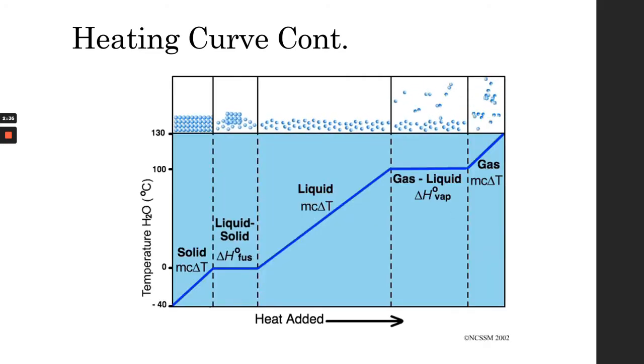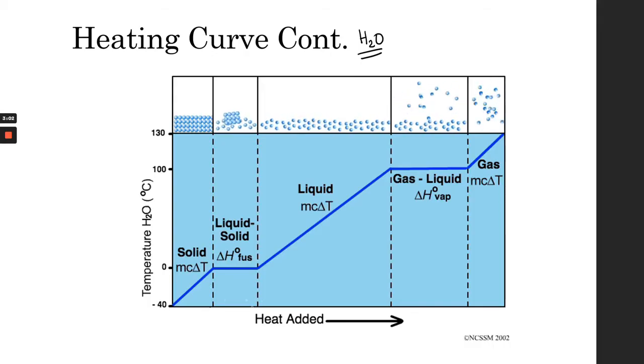This is actually a heating curve for water, or H2O. So remember that when we talk about this heating curve, it is the heating curve of water. What is interesting is that whatever the substance is, the shape of the heating curve is usually very similar, albeit at different temperatures and at different times.